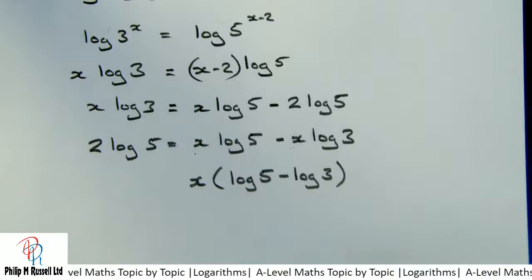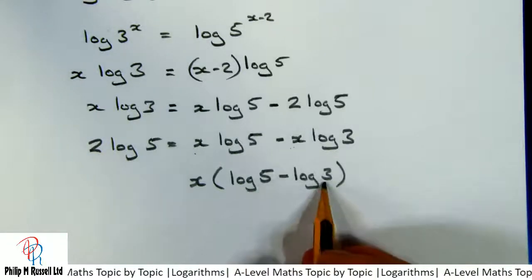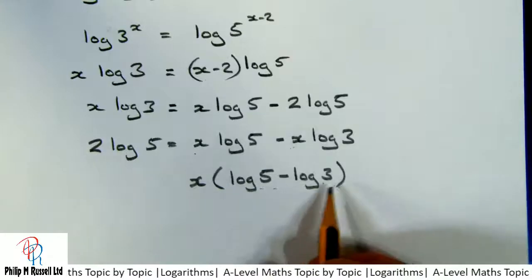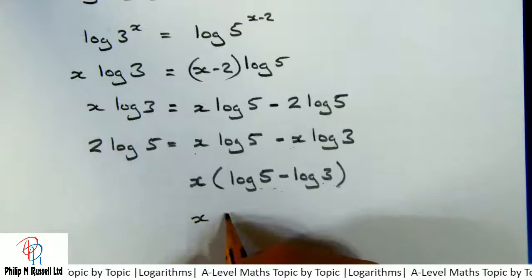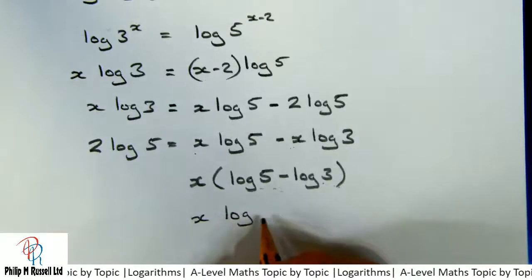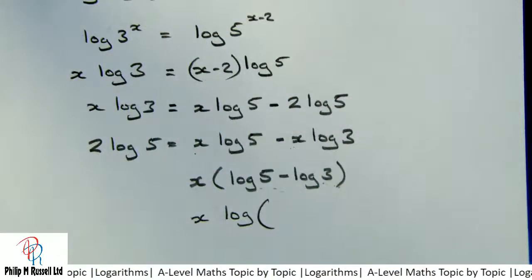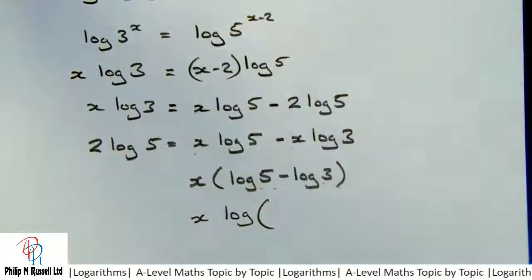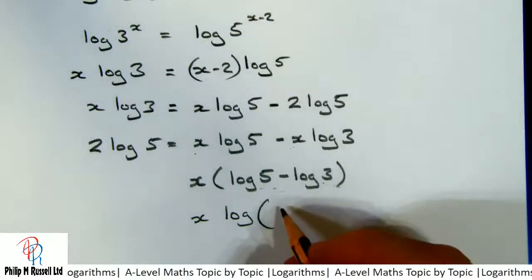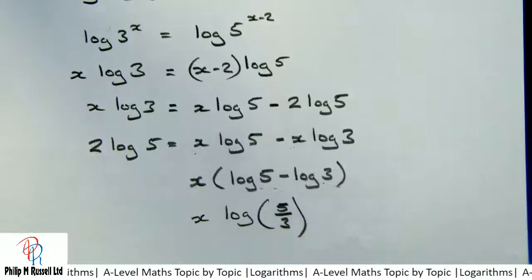This is becoming easier now, and we know when we've got two logs, we could write that as x log of 5 divided by 3.